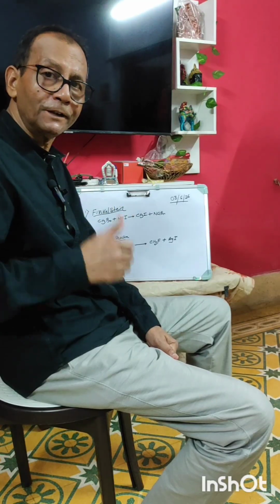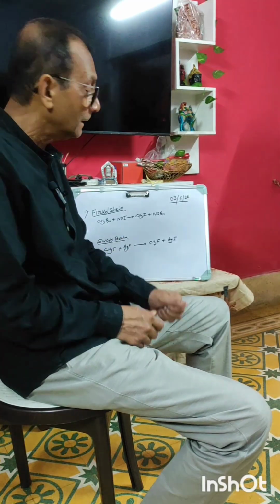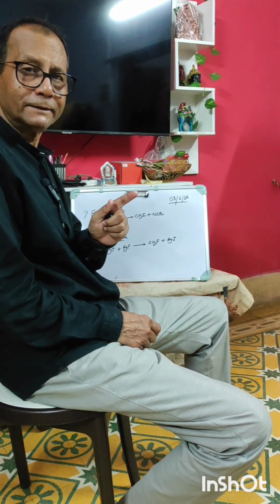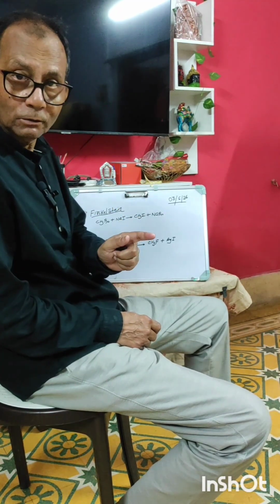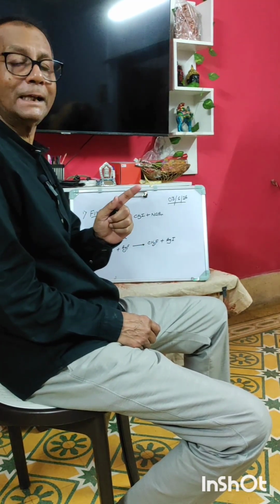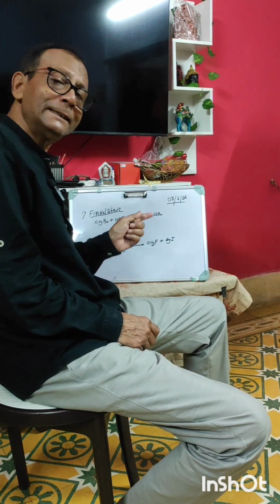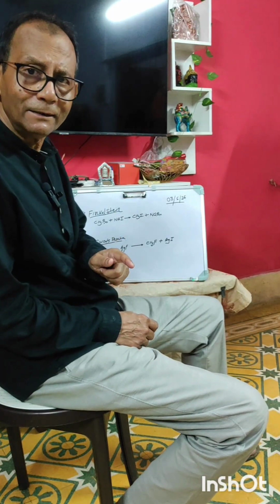Direct fluorination and direct iodination are not possible. Why? Because direct fluorination will produce a lot of heat. It is very exothermic and explosive too, and you cannot control the reaction. Similarly, in the case of iodination, the reaction will be reversible, so you cannot reach the end point.